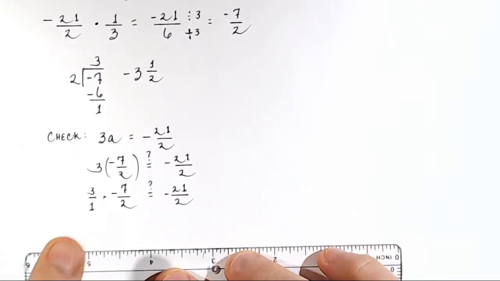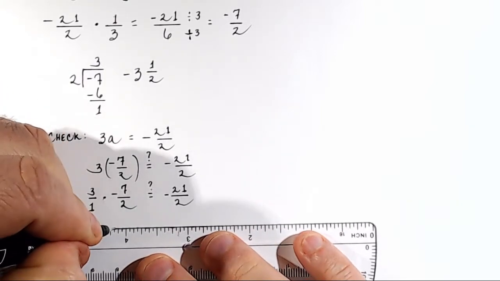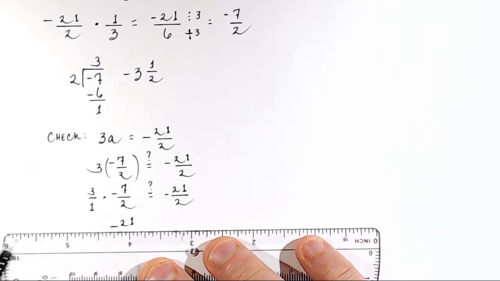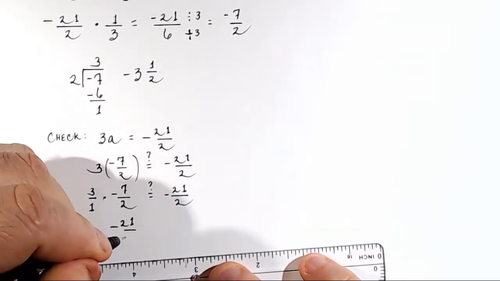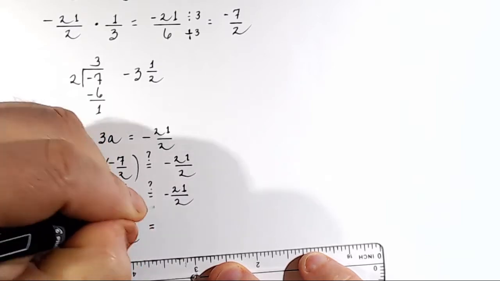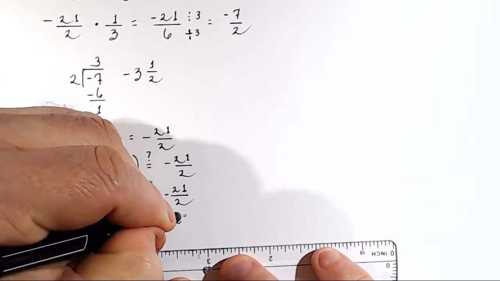So now on the left side we'll multiply across. 3 times negative 7 is negative 21. 1 times 2 is 2. And we ask, is that equal to negative 21 over 2?